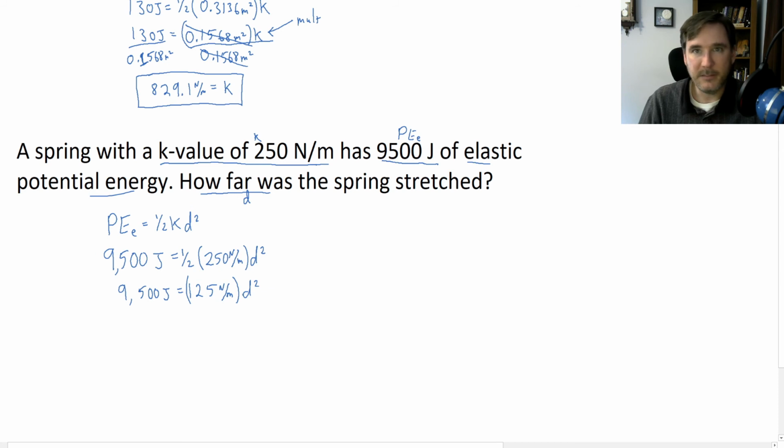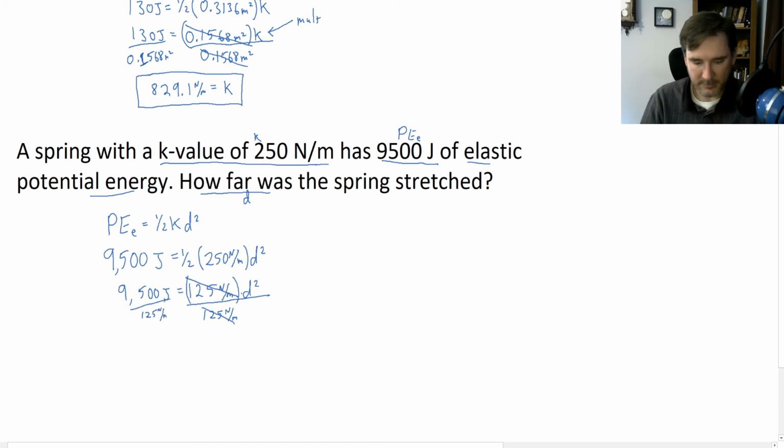So I want to get this displacement, this variable, by itself. And since we're multiplying right here, we're going to have to do the opposite of that, or the inverse of that, and we're going to divide by 125 newtons per meter over here. And that'll cancel that out nicely, leaving us with the displacement squared. But whatever we do to one side, we have to do to the other side. So I'm going to divide over here as well.